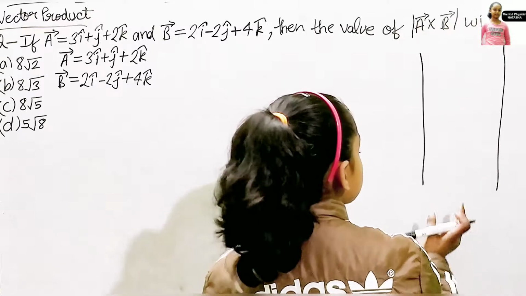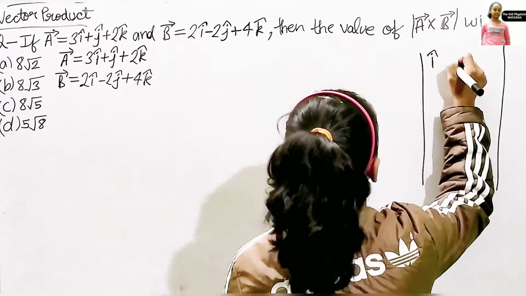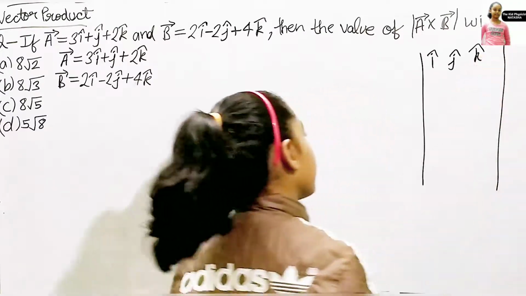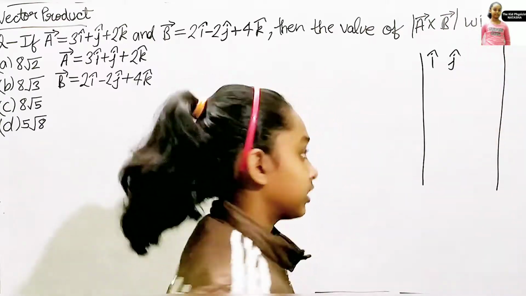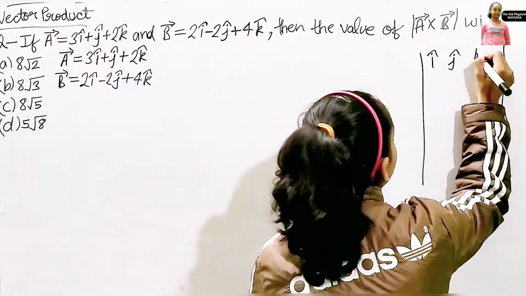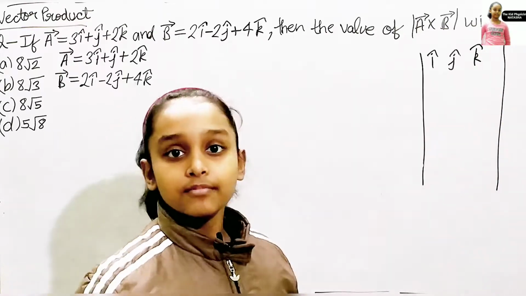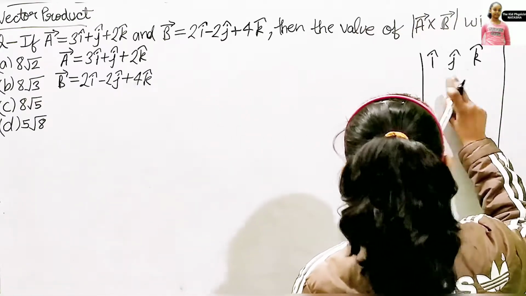I make a box. Let me write i cap here, j cap here, and k cap here. Let me write it again: i cap, j cap, and k cap.